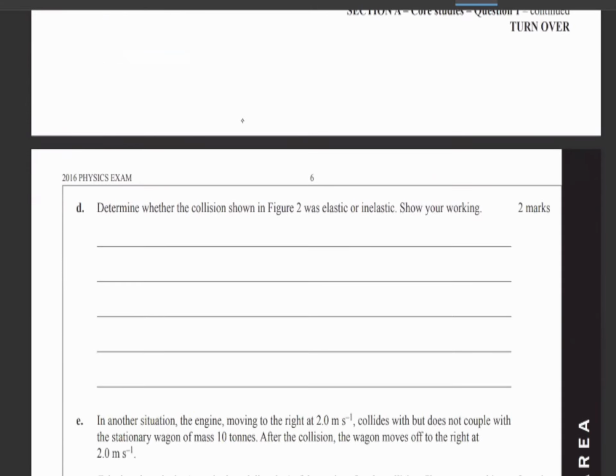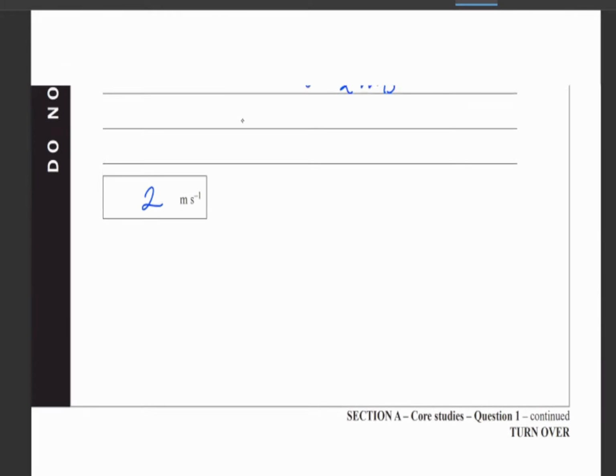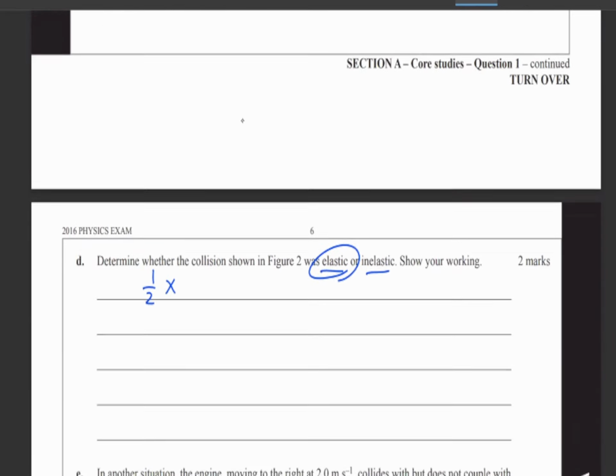So to determine whether the collision was elastic, we just find the energy before and after. So just half times the mass times v squared, before and after, of both systems. So this is U, so U is 0. So we don't need to count this, but we find this one and compare the energies.